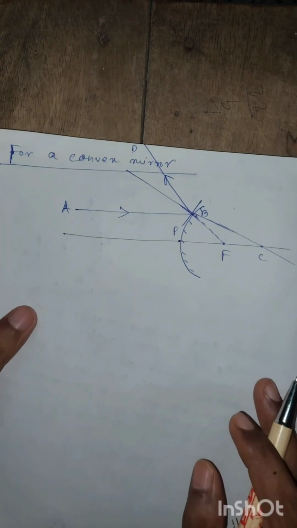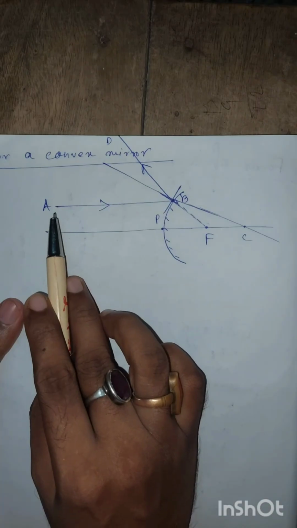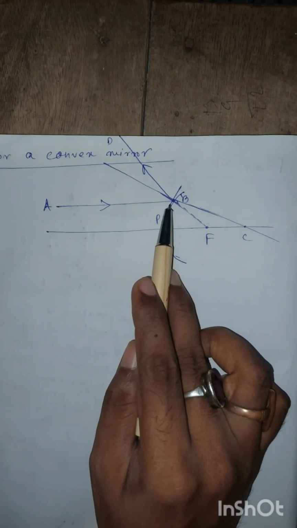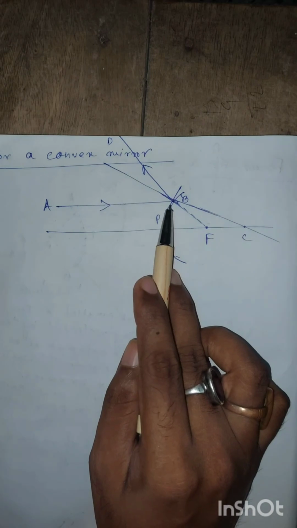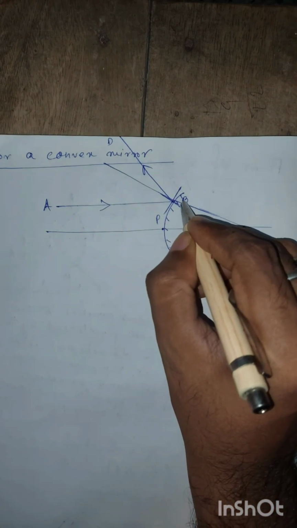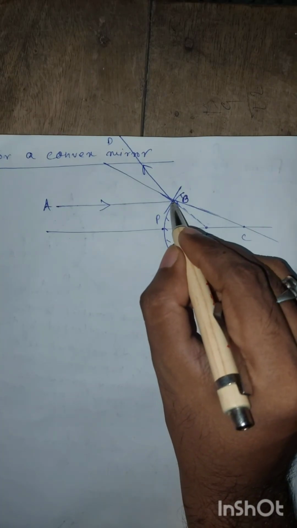Okay, so the light ray is coming towards the mirror, and after striking the mirror at the point B, it is getting reflected.